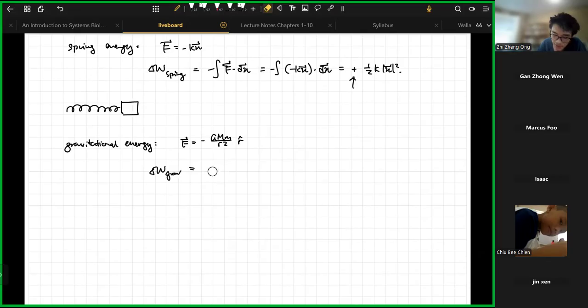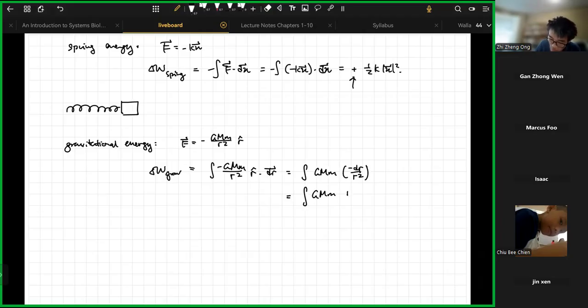Sorry, if I use the non-negative sign, r hat dot dr is just dr. So yes, that's the change in gravitational energy.